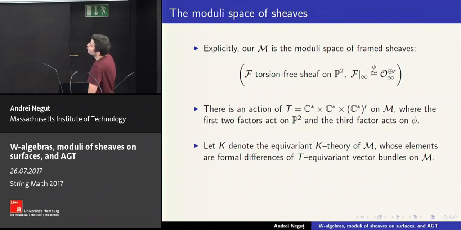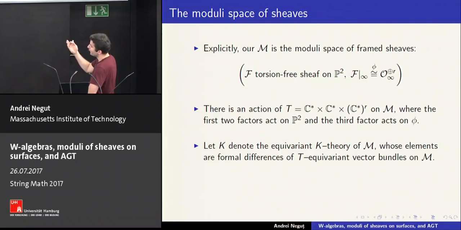Well, because we have a torus action on an algebraic variety, we can consider its torus equivariant K theory. So this will be a group K that I have been speaking about for the previous half hour and haven't actually properly defined yet.